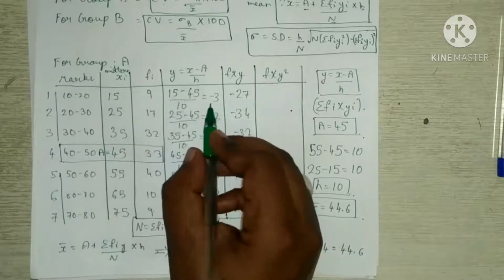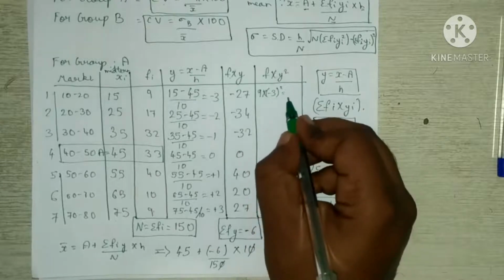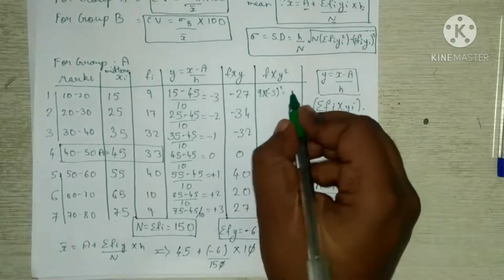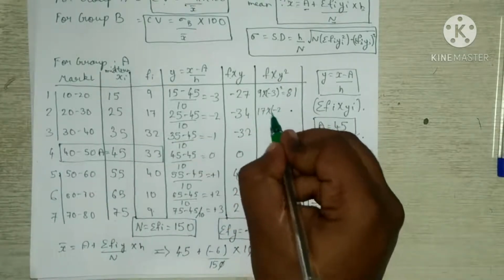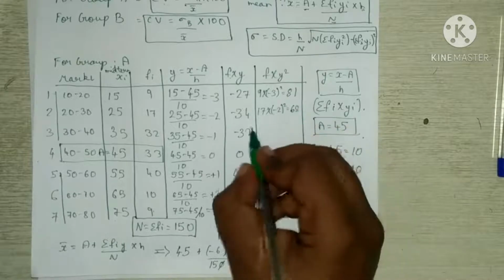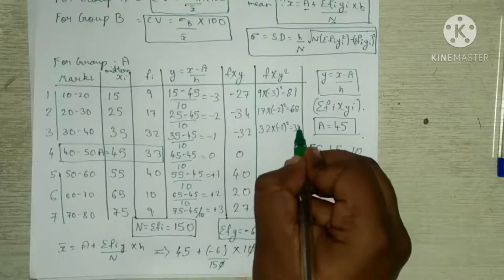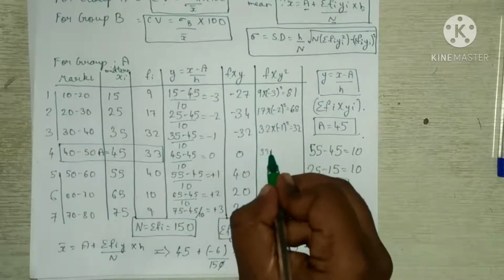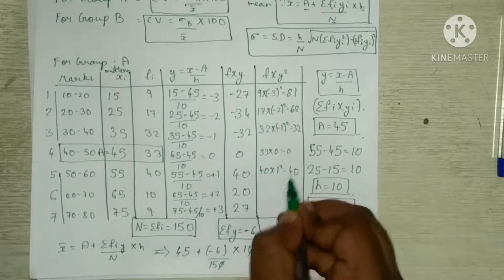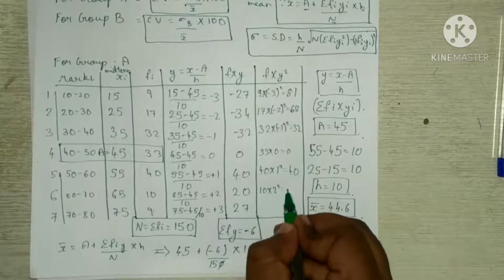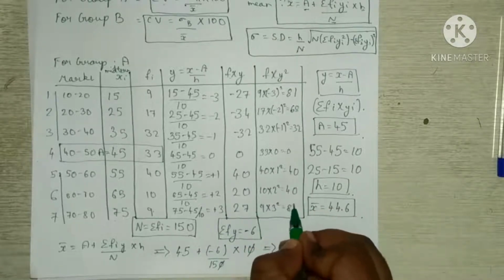Okay, f is here, y is here. 9 into minus 3 square, minus 3 square is 9, into 9 is 81. 17 into minus 2 square is 68. 32 into minus 1 square is equal to 32. 33 into 0 is nothing but 0. 40 into 1 square is equal to 40. 10 into 2 square is equal to 40. 9 into 3 square is equal to 81.